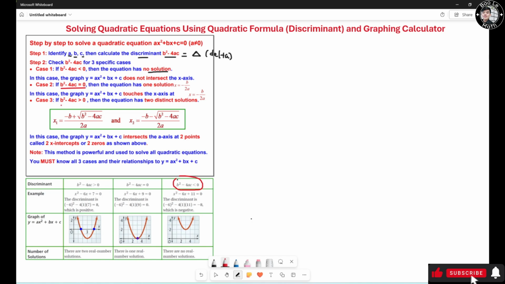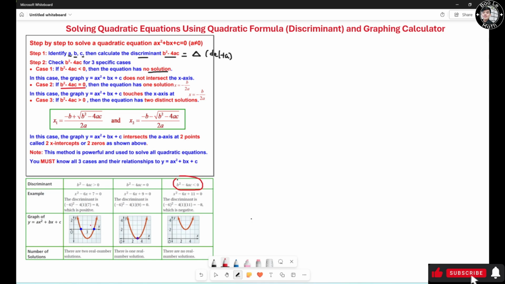And case number 3. b squared minus 4ac greater than 0, then the quadratic equation has two distinct solutions. x1 equals negative b plus the square root of b squared minus 4ac over 2a, and x2 equals negative b minus the square root of b squared minus 4ac over 2a.